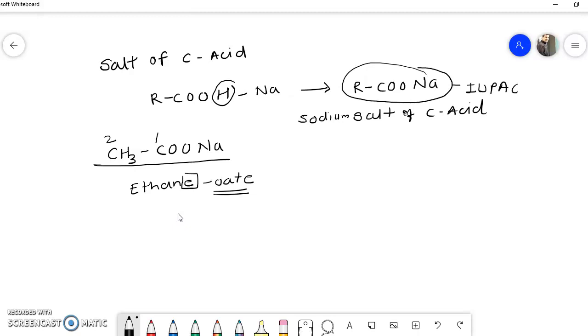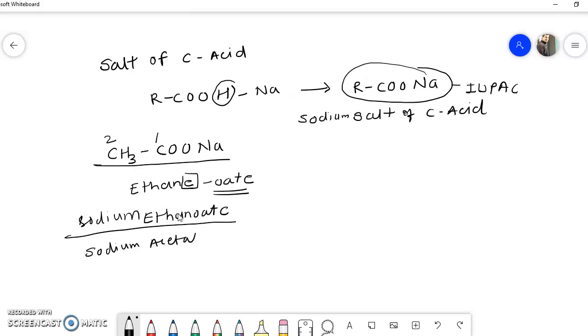So what it will become? Ethanoate. And before this ethanoate, write down the word sodium. So this will be the name, sodium ethanoate, right? It is very simple. In common name system, it will be sodium acetate, because it is acetic acid, right? So acetate. So this is very important word.